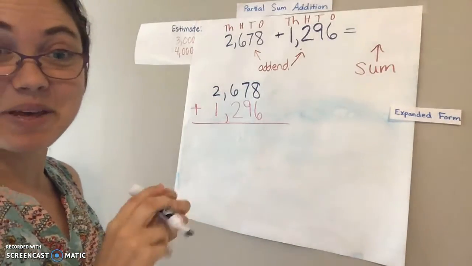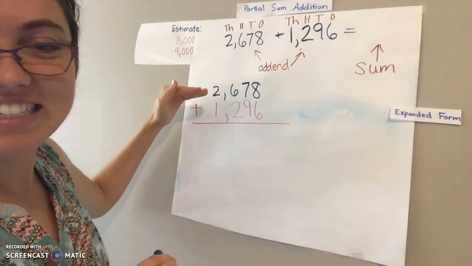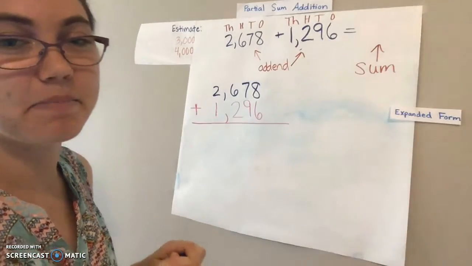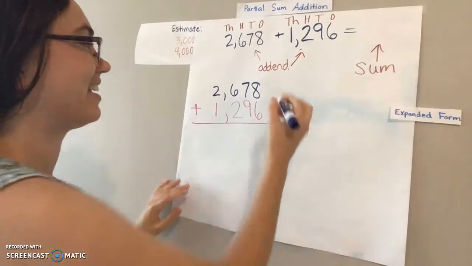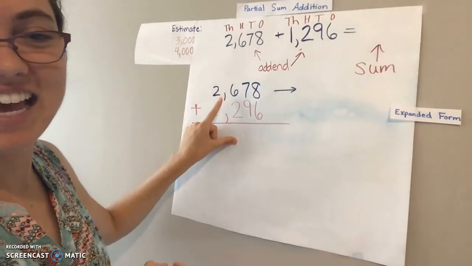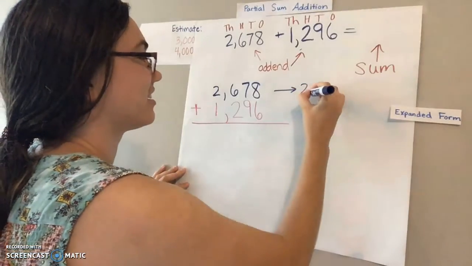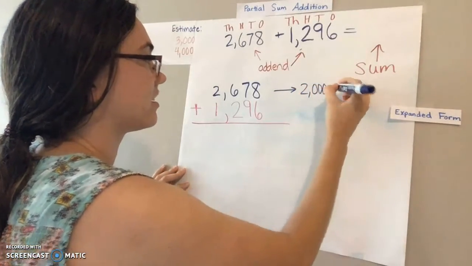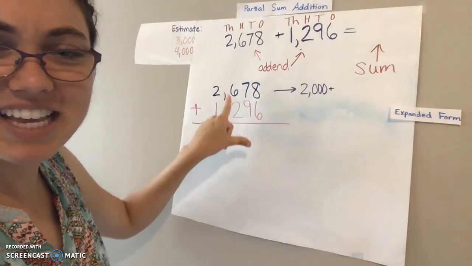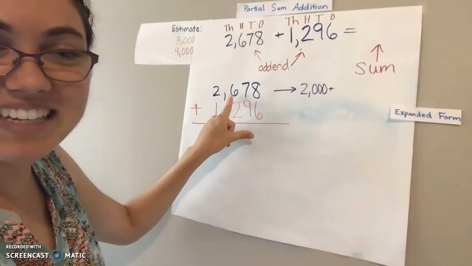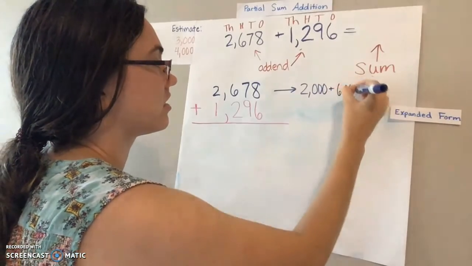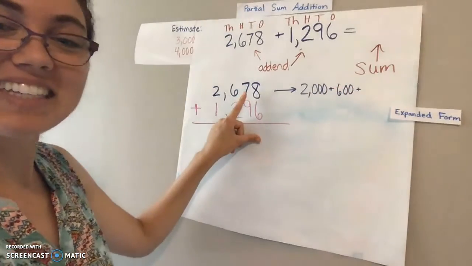So let's decompose our first addend into its expanded form, simpler numbers based upon its place value. How many thousands are in my first addend? 2,000. What value do I have in my hundreds place? A 6, which means how many hundreds? 6 hundreds. What about in my tens?